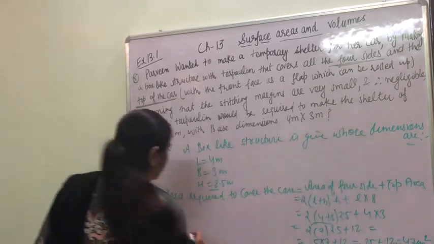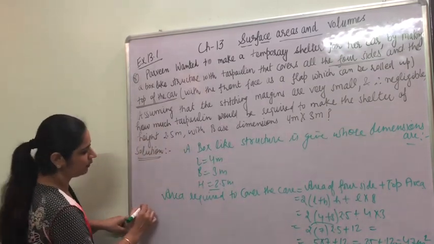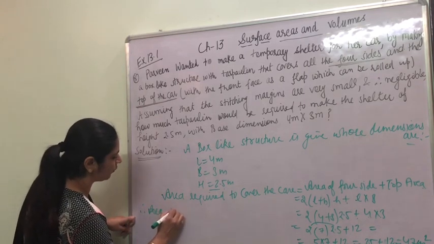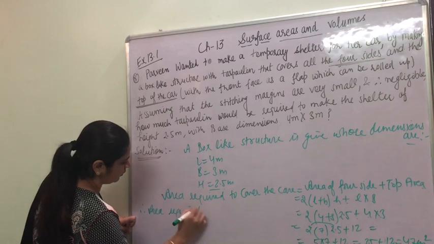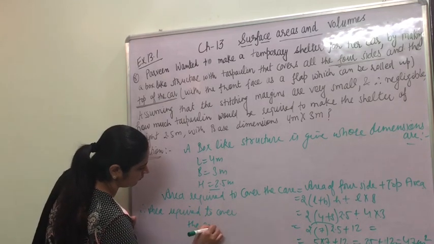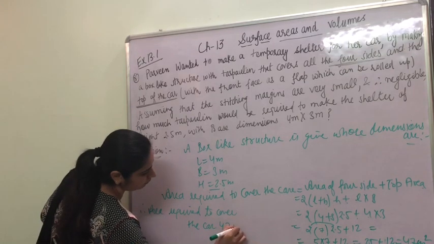At the last we have to mention the answer statement. So the final answer: area required to cover the car is 47 meters square.